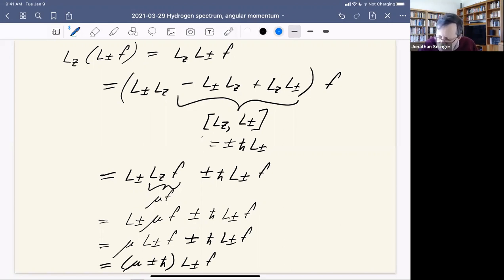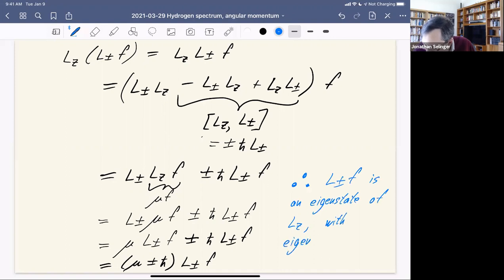Okay, so from this, we conclude, therefore, L plus or minus acting on F is an eigenstate of LZ with eigenvalue mu plus or minus H bar.